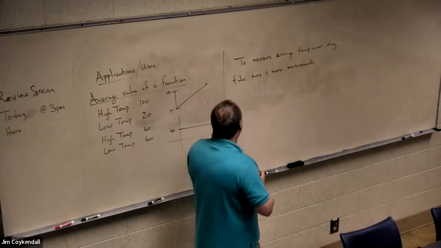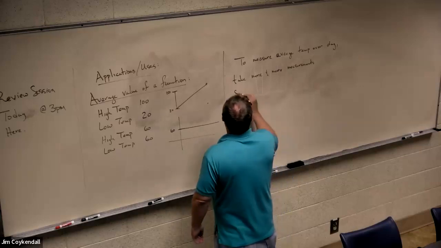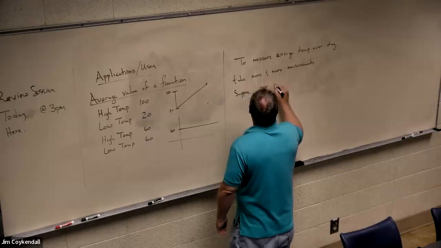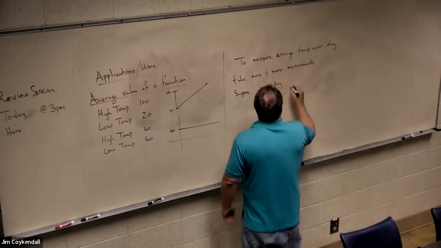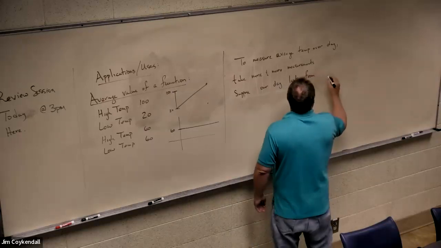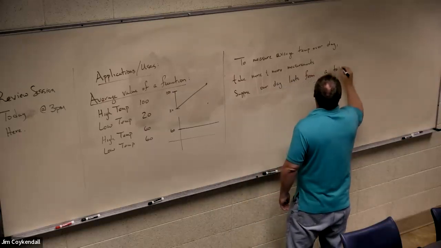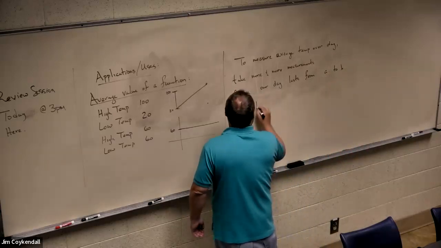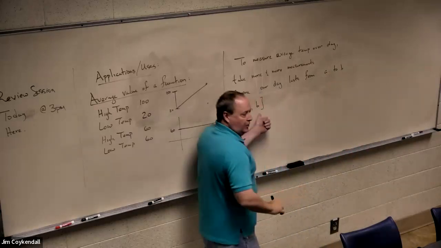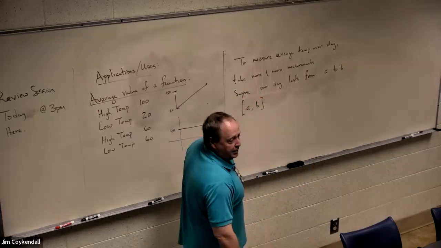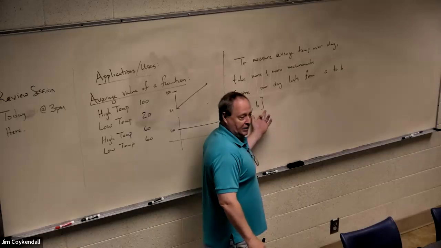So let's suppose our day lasts from A to B. This could be 0 to 24, but I'm just going to let it go from A to B because maybe it's a day on Mercury or Mars, but these are different places.